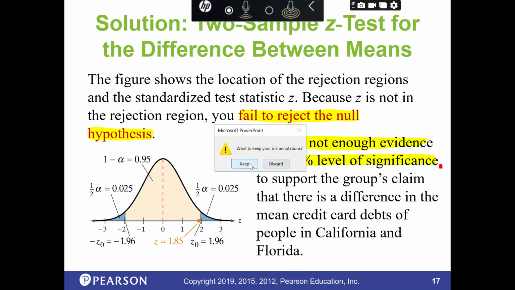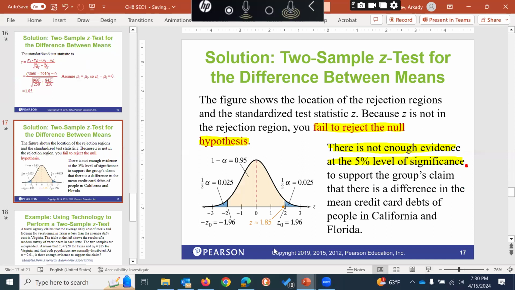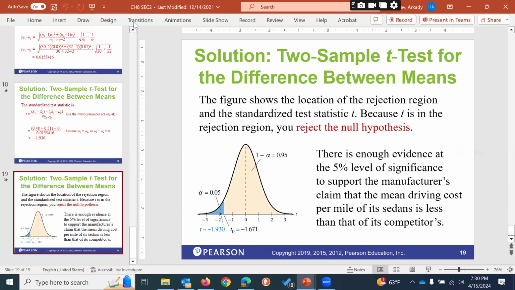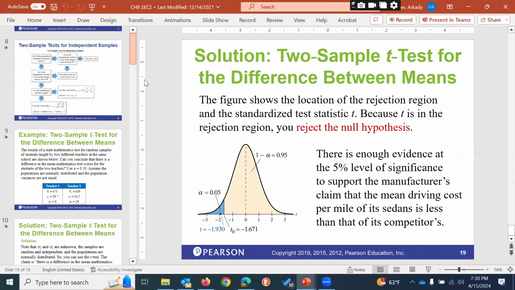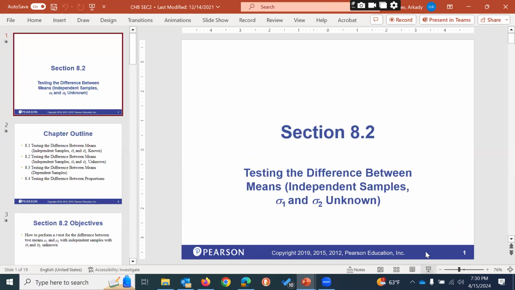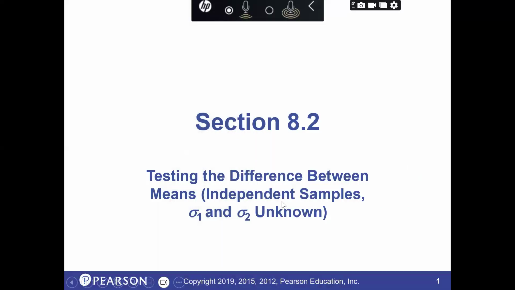Let's jump to 8.2. Okay. So if you want to write this in here, same exact stuff here. We're still looking at means. We're trying to figure the difference between means. We still have independent samples, no problem. Except here's our little problem: we do not know the population standard deviations anymore. This is not a test that's normally done.